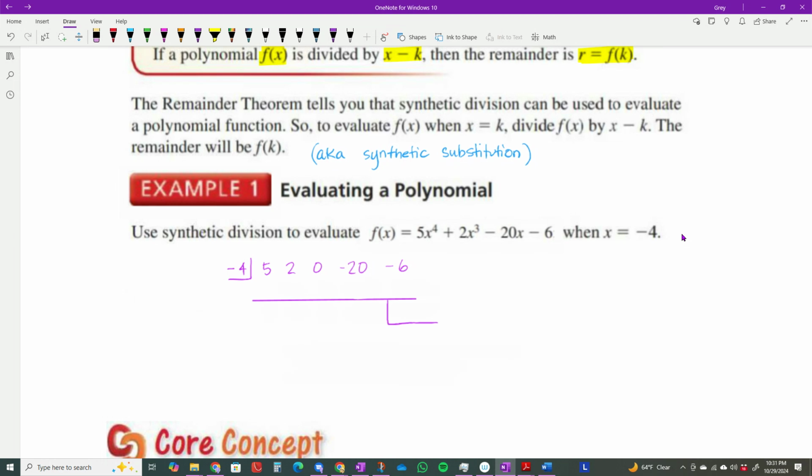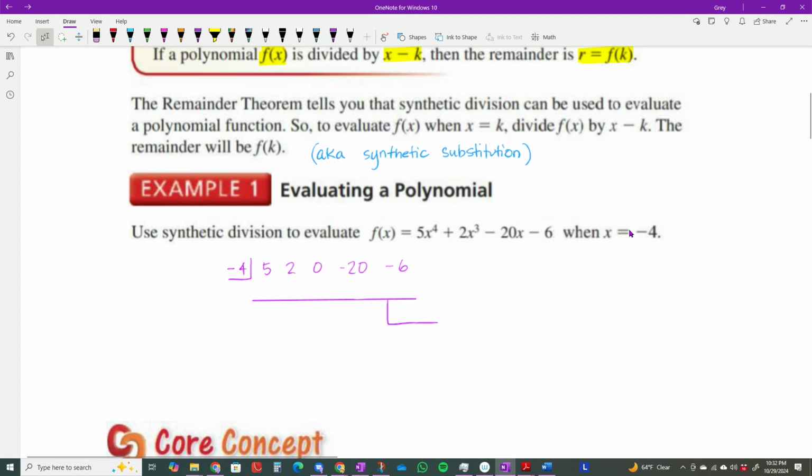I'm going to put my little bar and make sure I have this little box, because what's in that box at the end right here, y'all, is important. We've just established it's the remainder of our polynomial. We already knew it was the remainder, but it also is what we get when we evaluate the polynomial at that point. So this is another thing, y'all. If the directions say use synthetic division, you have to use synthetic division.